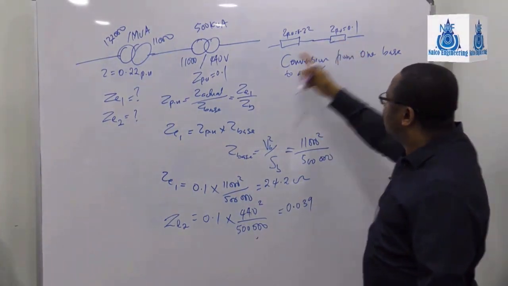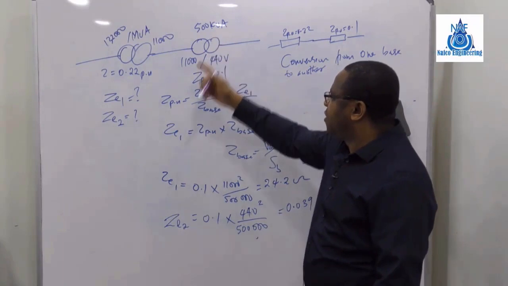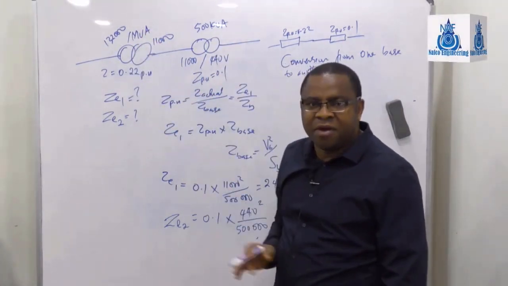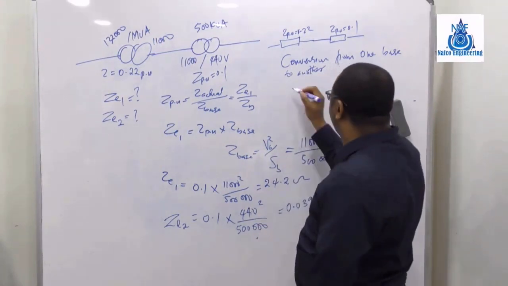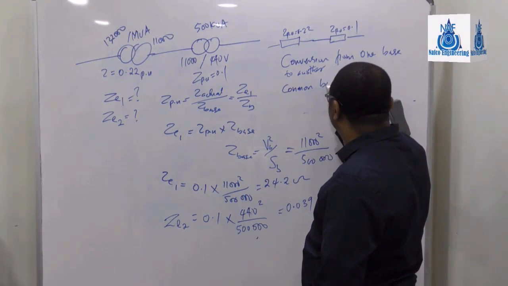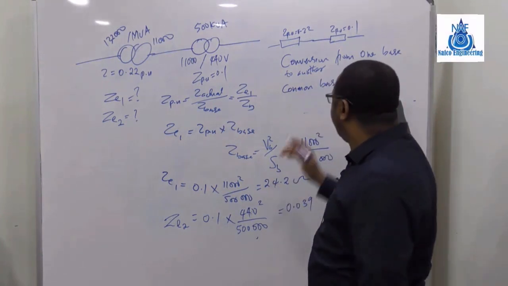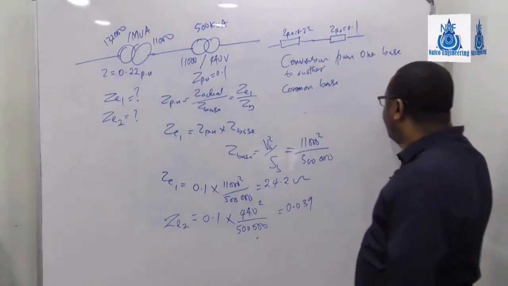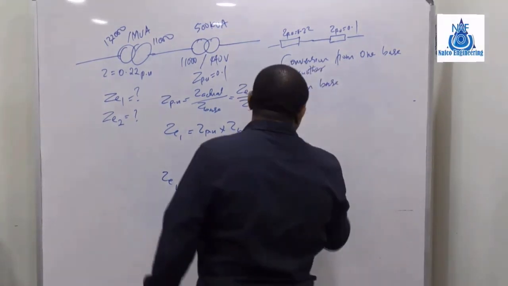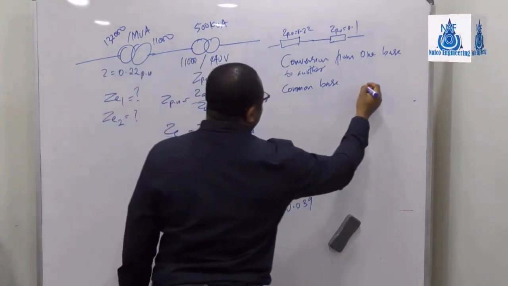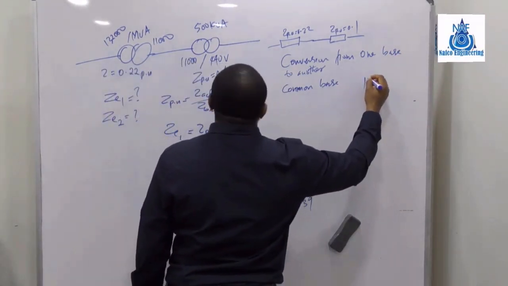This one is based on this, but this is based on that, so they are not based on the same apparent power. So we must choose a common base for both transformers. Let's assume that I choose 1 MVA.